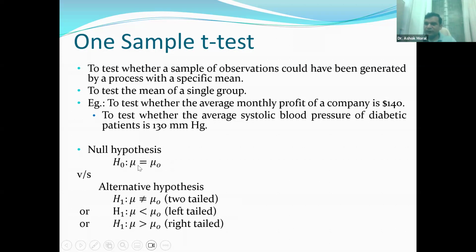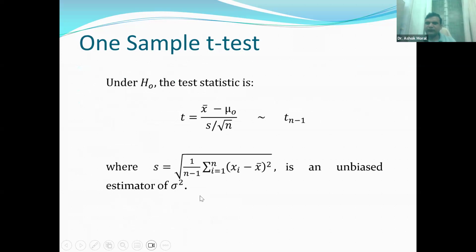The data that we have is coming from a population, and we are testing whether the mean of that population is equal to mu naught. वो पॉपुलेशन जिससे ये डेटा हमने लिया है, क्या उसका मीन म्यू नोट के इक्वल है, इस बात को हम अंडर एच नोट टेस्ट कर रहे हैं. ऑल्टरनेटिव हमारी किसी भी सेंस में हो सकती है.